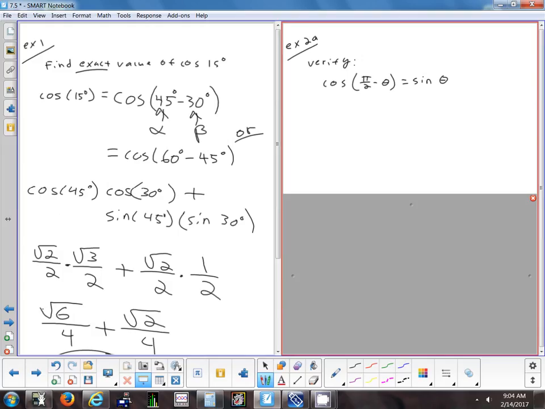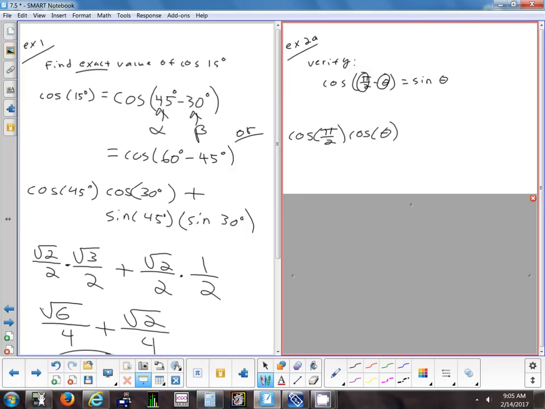So this is alpha. This is beta. When I rewrite what's on the left-hand side, use the previous problem if you need to remember the formula, or if you have it in your notes, you could just look back. What's the first thing I would write? Yep, cosine pi over 2. Okay, so now we're in radians. Keep that in mind if you use your calculator. So cosine pi over 2 times cosine theta.